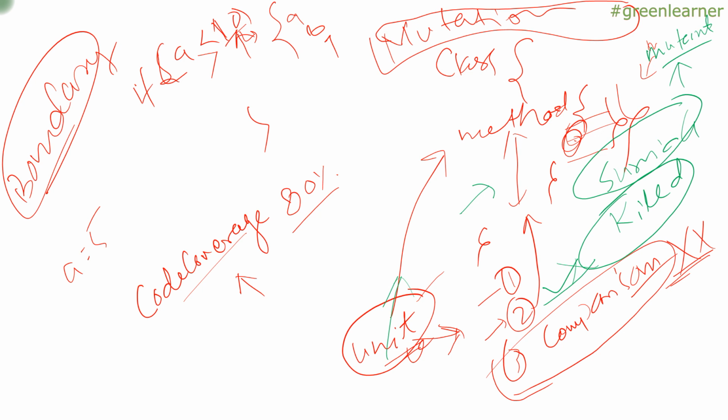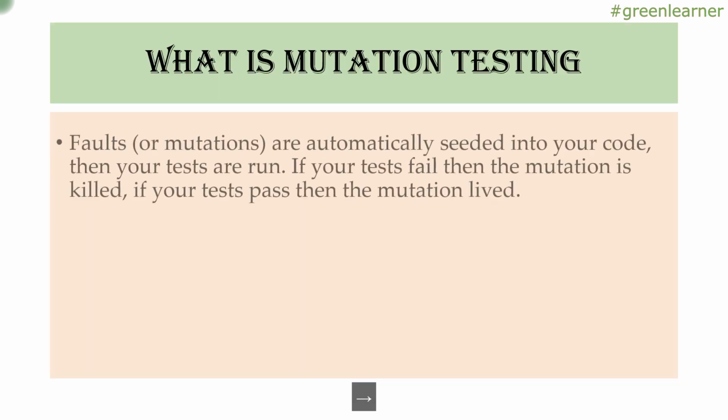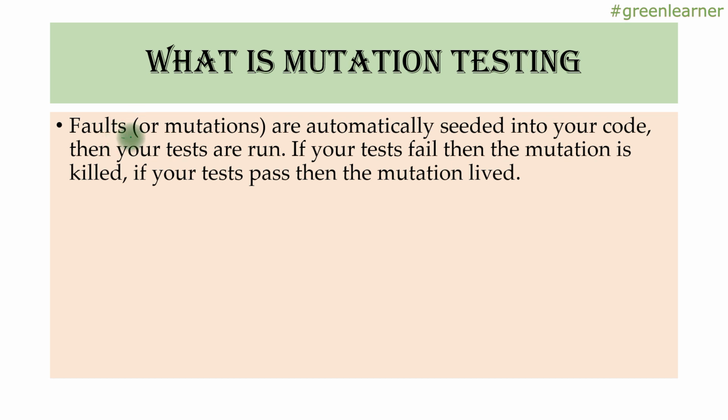Let me take you to the official definition of mutants and show you this in more formal detail. So what is mutation testing? Faults or mutations that I was talking about are automatically seeded, meaning inserted, into your code, then your tests are run. If your tests fail, then the mutation is killed.